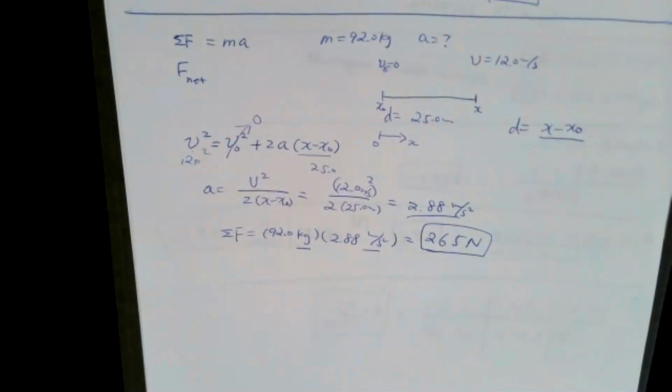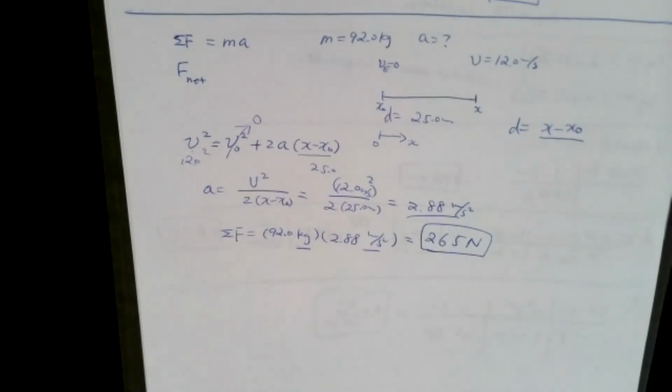So then we can take a look at the second one here. The second example on the last slide says, in a grocery store, you push a 15.4 kilogram shopping cart horizontally with a force of 13.4 newtons. Ignore the friction force. If the cart starts at rest, how far does it move in 2.5 seconds?